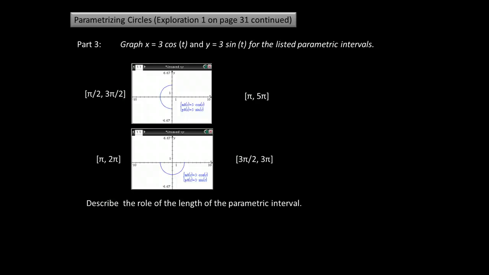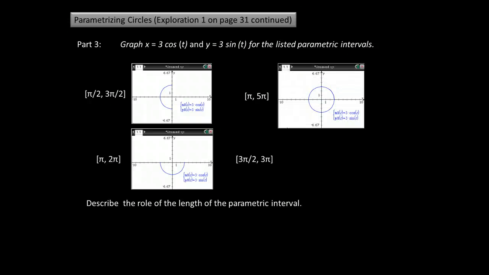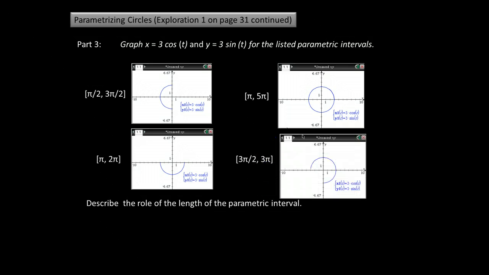So we should get the entire circle twice, which we can't really see on the graph, but we know it would be tracing it twice. And then lastly, from 3 pi over 2 to 3 pi, that's a t interval of 3 pi over 2. So that's going to give us 3/4 of that circle.